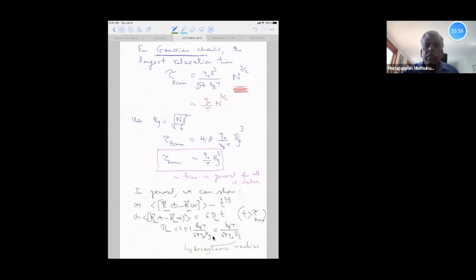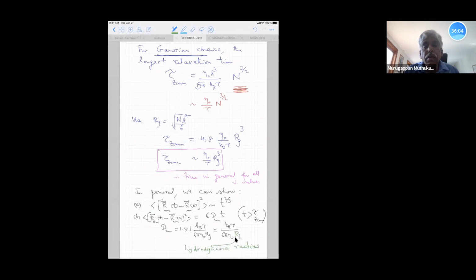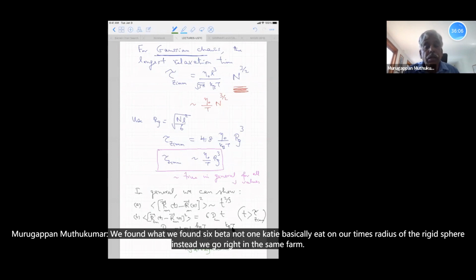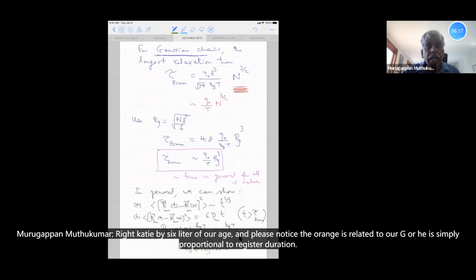This is more like Stokes-Einstein, because we always wrote, for a Brownian particle, kT by 6 pi eta naught times the radius of the rigid sphere. Instead, we could write in the same form kT by 6 pi eta naught RH. But please notice that RH is related to Rg. RH is simply proportional to the radius of gyration.